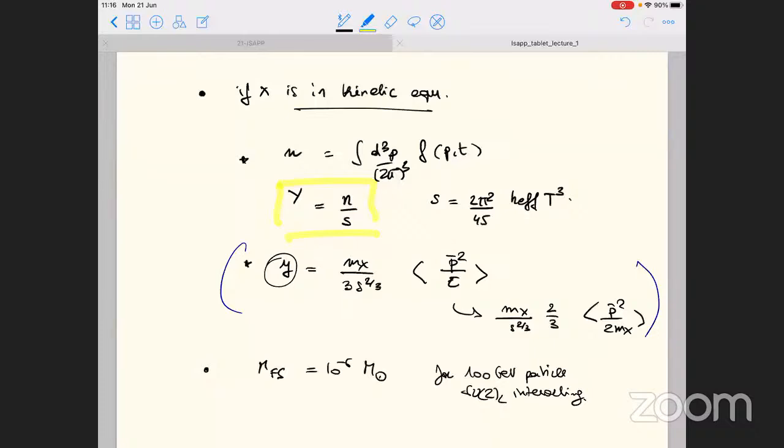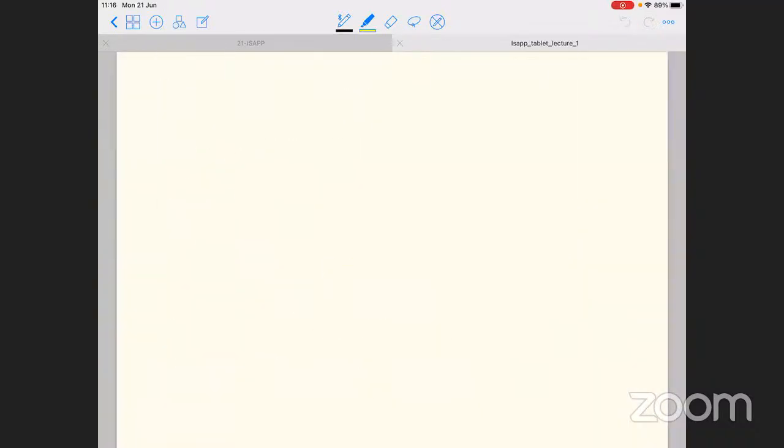Structure has essentially been forming, and you cannot test these scales because they have become completely non-linear. So you have structure at 10 to the minus 6 solar masses, essentially. You cannot test them. Okay, thanks.